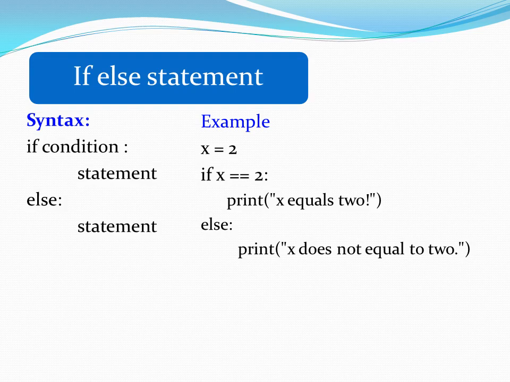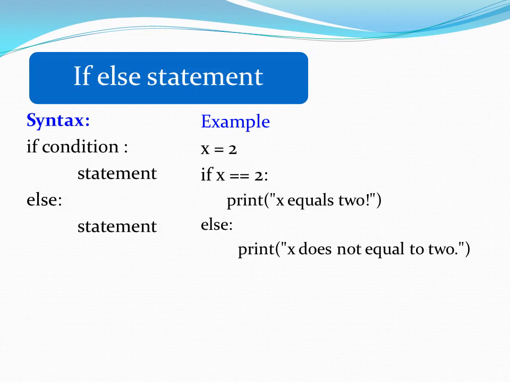And if the condition is false, then on the next line else and the related statement will execute. Now there is no condition in the else because the condition is only checked in the if, either it will be true or false. When it is true, the statement with if will execute, and if it is false, then the statement with else will be executed.